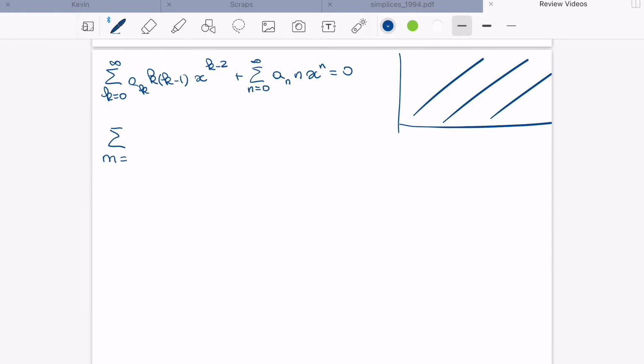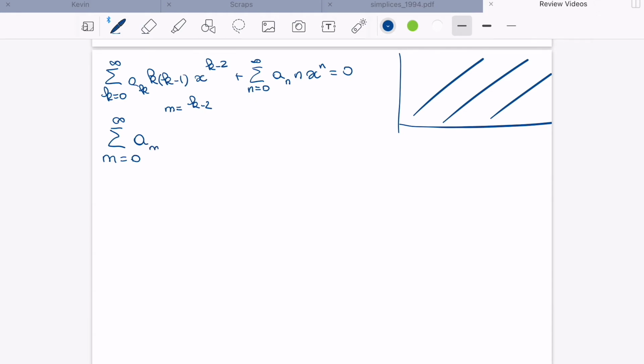We want m to be equal to k minus 2. So if we start at 0, we have m starting at -2. That is not nice. Instead, we're going to start at 0 because the first two terms are 0 anyway. So here we have a_k, but we have the equality m equals k minus 2.